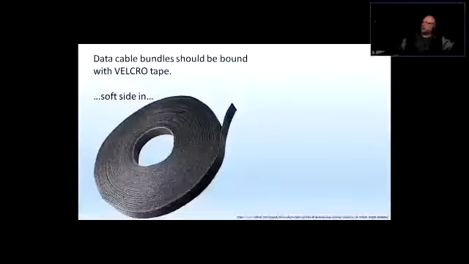If this was category 6 or even 5E, which is the most forgiving out of what's on the market right now, it's being used, but still I wouldn't use the zip ties on those. What we should use is the Velcro tape in order to bundle those cables.